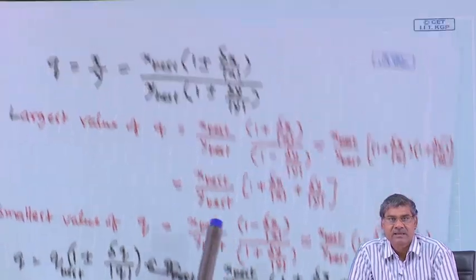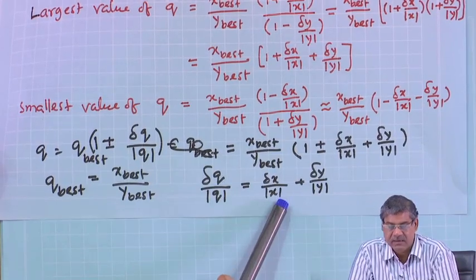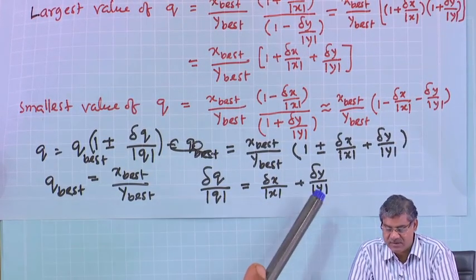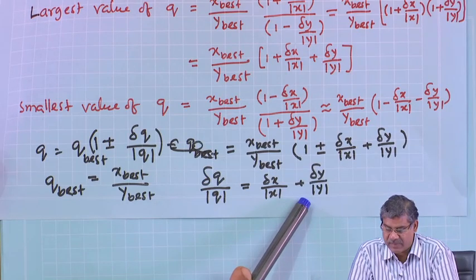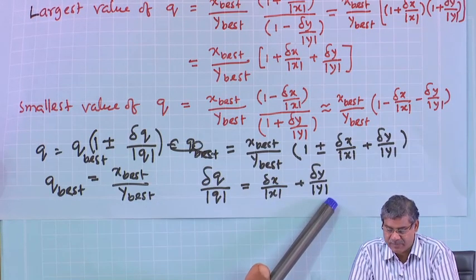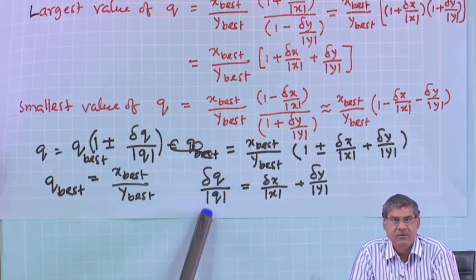So, in case of ratio also we are getting the summation of the individual relative errors of the measured parameters. That will be the relative error on the physical quantity.